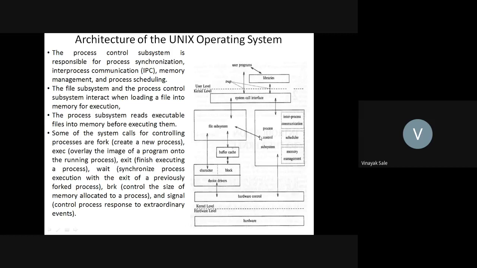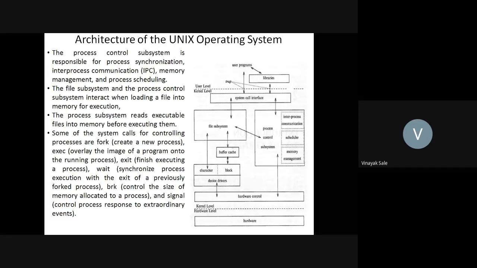The process subsystem reads executable files into memory before executing them. Some of the system calls for controlling processes are fork, that is, create a new process, then exec, that is, overlay the image of the program onto the running process, then exit, or finish the executing process, then wait.